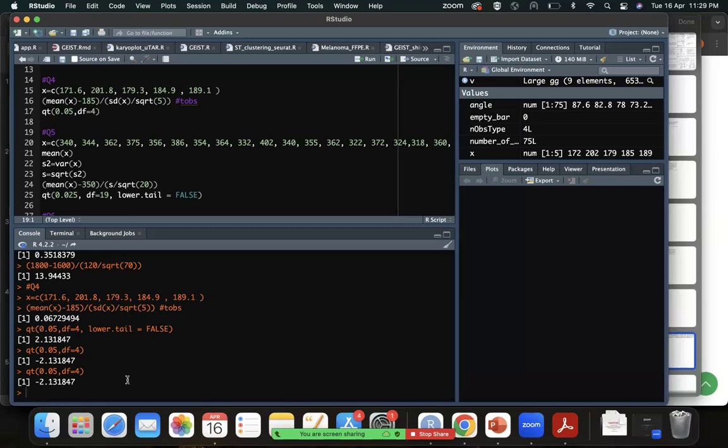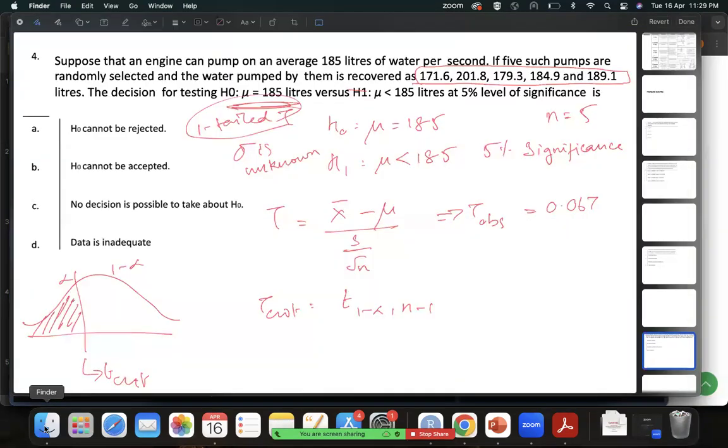Let me get my slide. Let me calculate. Okay, so T critical is equal to minus 2.13. So your T observation is 0.067, and it falls somewhere here.